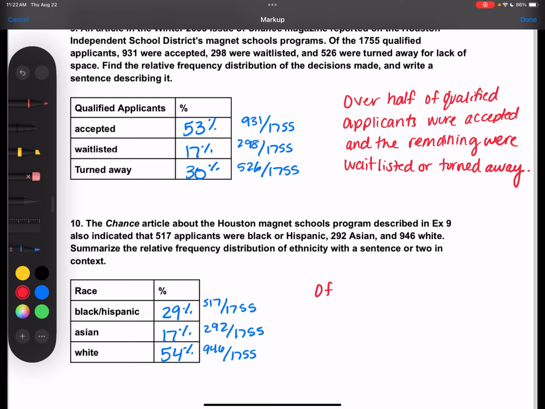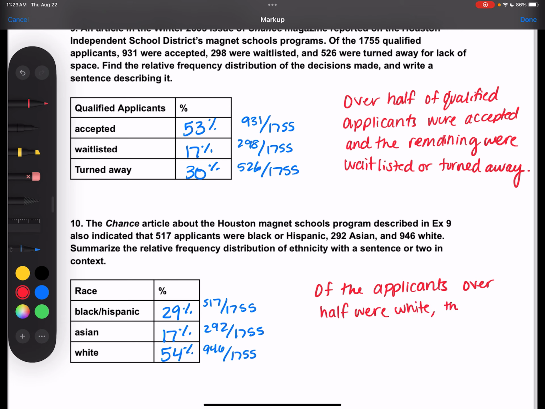So, I'm just going to write it a little bit of a different way than what I wrote the last one, but you can write it exactly the same as the previous one. Of the applicants, over half were white.